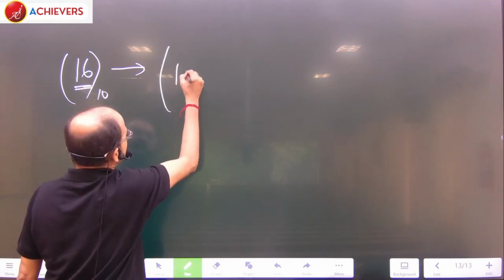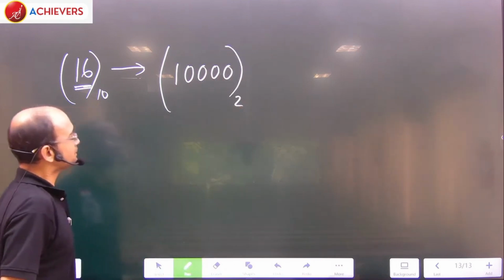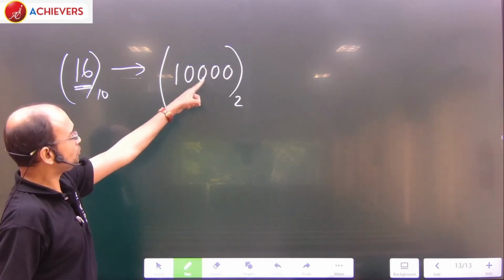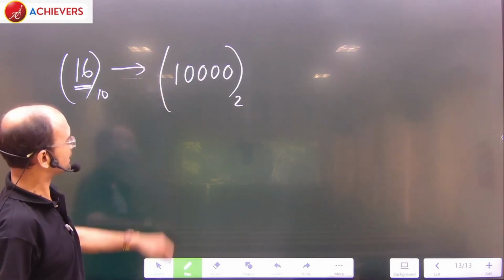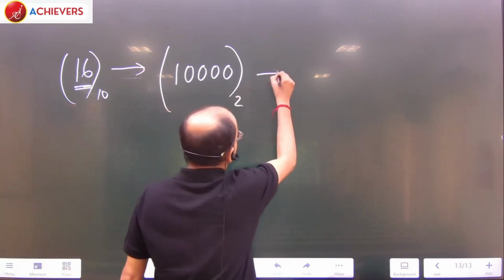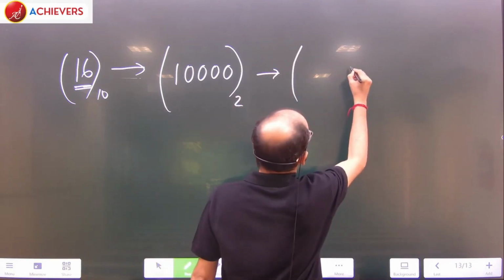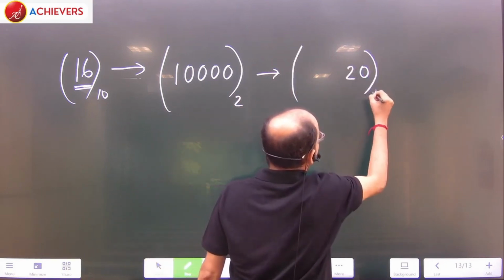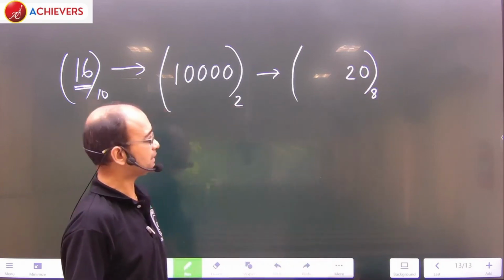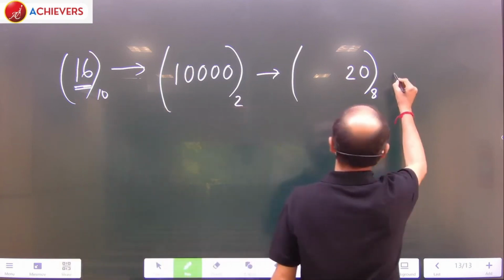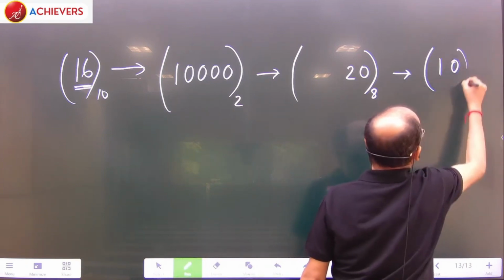In binary it is represented as 1 under 2 to the power 4, with 2 to the power 0, 1, 2, 3 below it. In octal, 16 is represented as 2, 0. And in hexadecimal, we represent 16 as 1, 0.